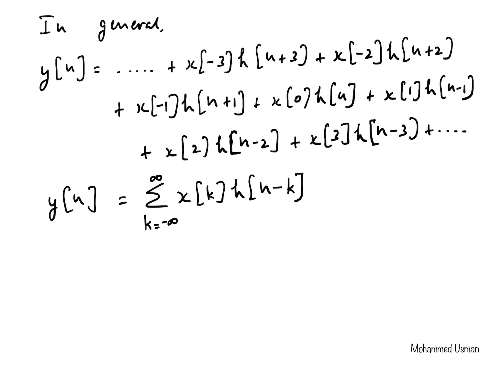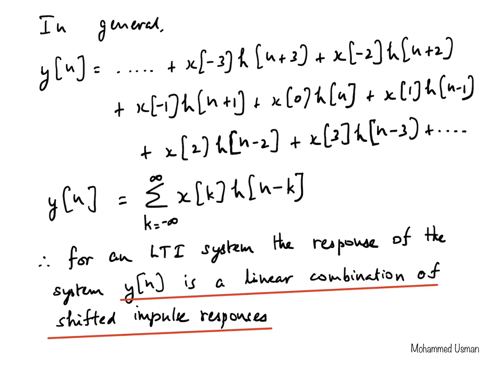Okay, so therefore for an LTI system, let's make that statement. What we see is that if we know the impulse response of an LTI system, we can find the response of that system to any input x of n, which is basically going to be a linear combination of shifted impulse responses.